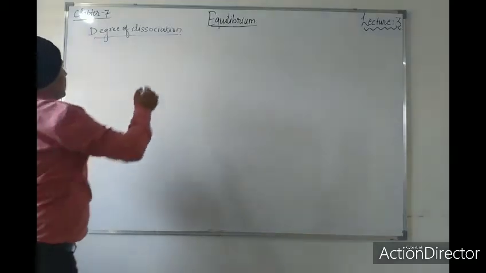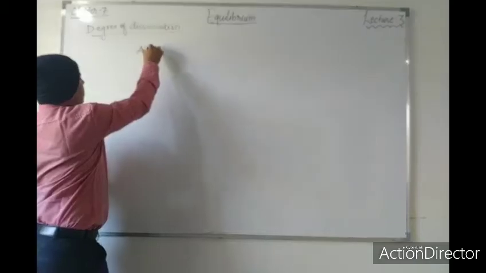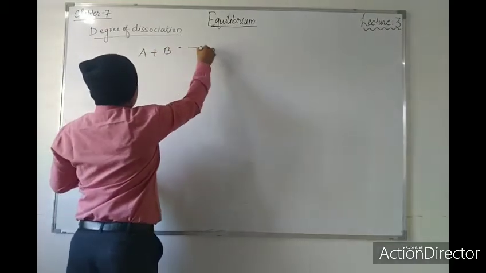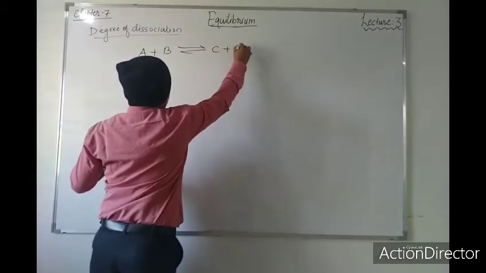Just suppose A plus B are the reactants, and C plus D is the product.